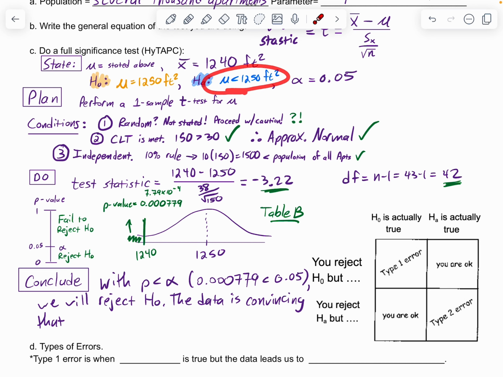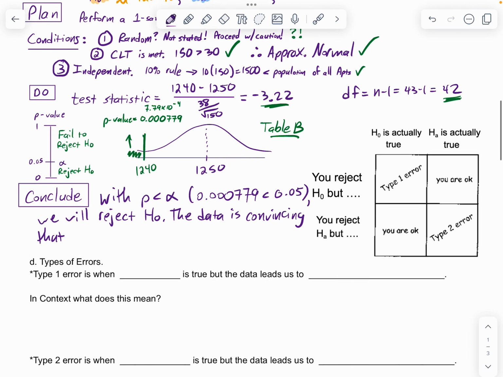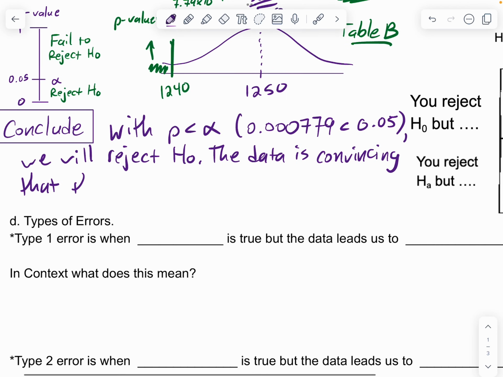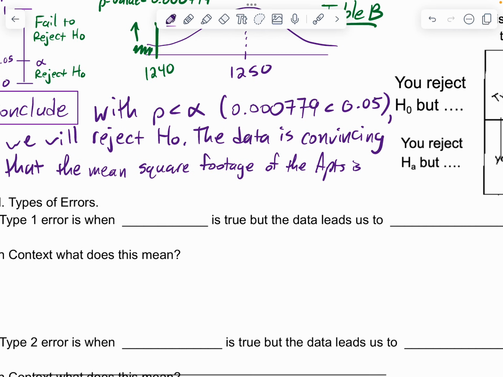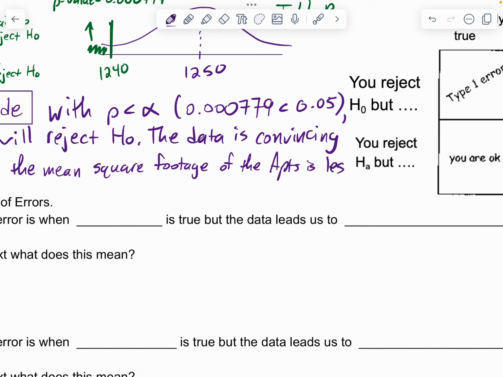Here's your alternative, that the mean square footage of the apartments is less than 1,250 square feet.